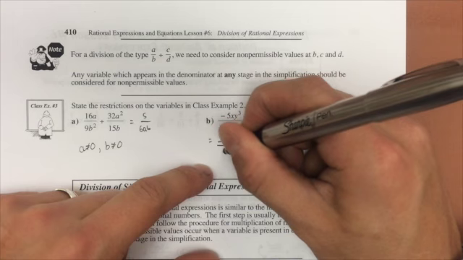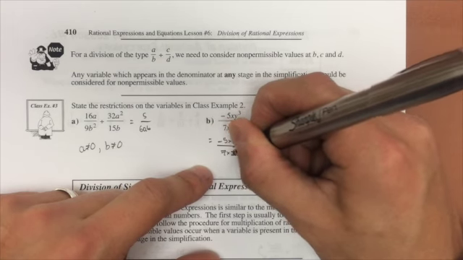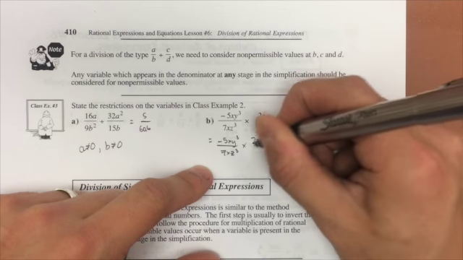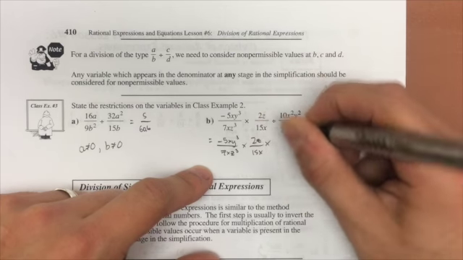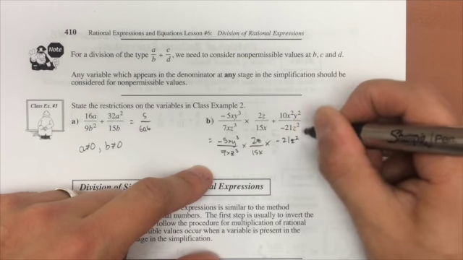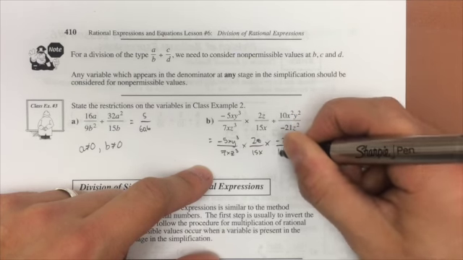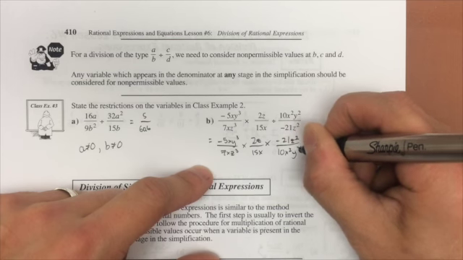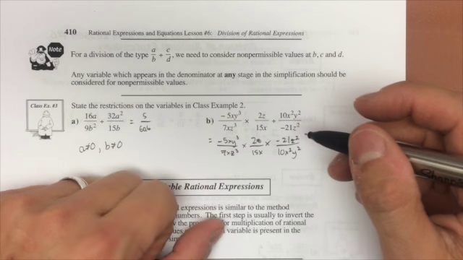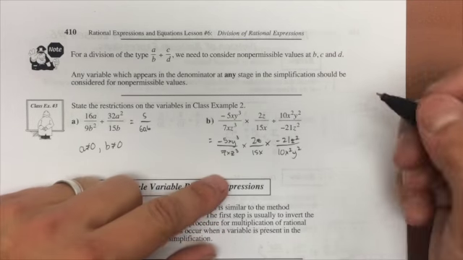let's rewrite this as our equation: x, z, and z cubed times 2z over 15x, multiplied by, because I'm going to switch this over, negative 21z squared over 10x squared y squared. Now from here I can cancel out some of my common multiples.